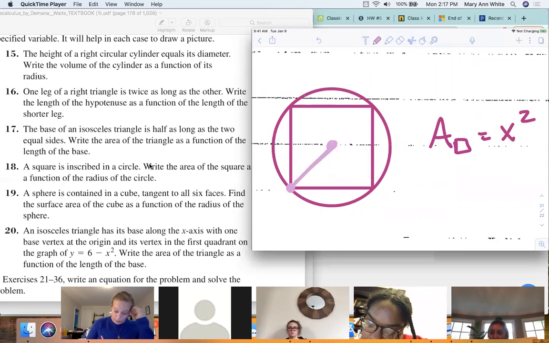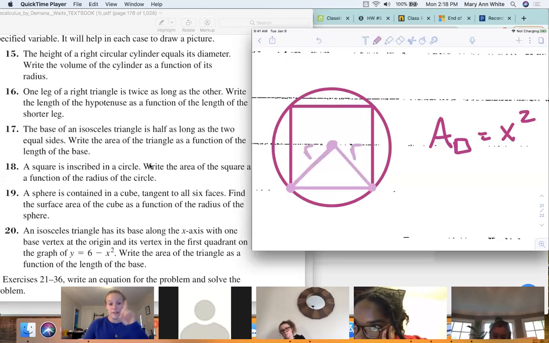If I drew another radius from the center to this point over here, now I have two lengths that are both r, and they're all inside the square and all inside the circle. I can use those to find this side length, and if I know one side length of a square, I know all of the side lengths of a square.